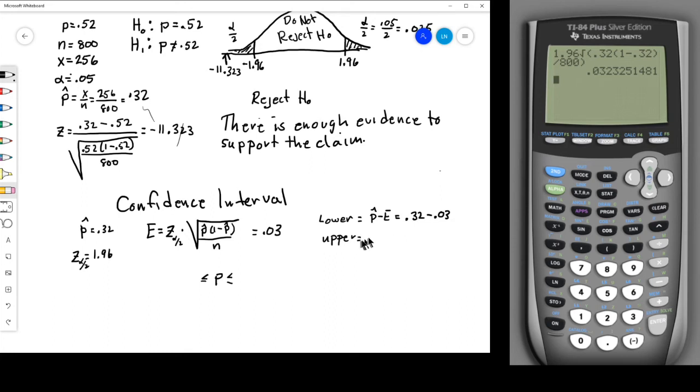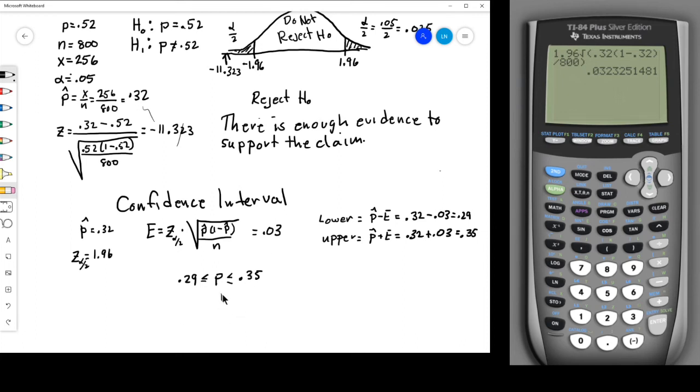And the upper bound is going to be p-hat plus e, so that's 0.32 plus 0.03. So that is going to be 0.29, and that is going to be 0.35. So we have a confidence interval of 0.29 to 0.35. There's my confidence interval.